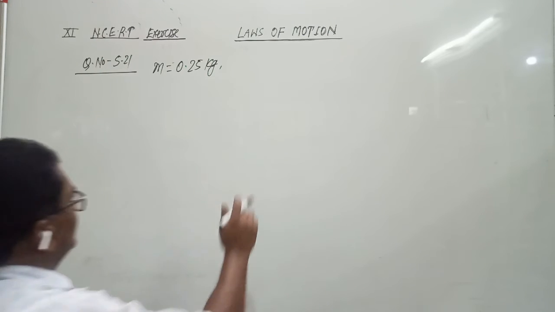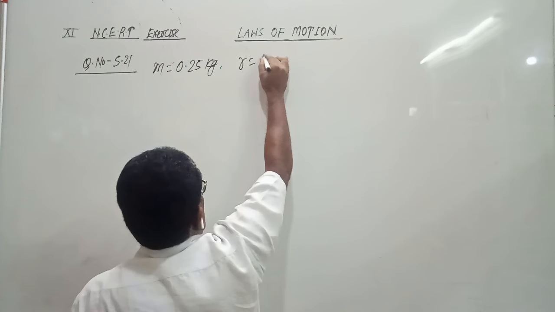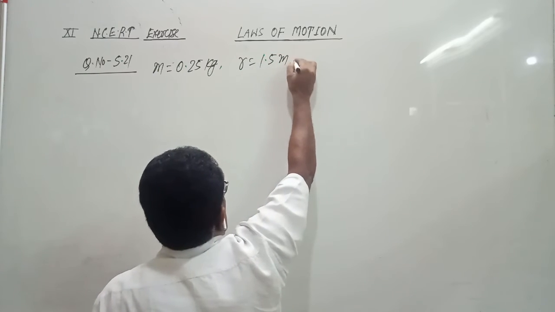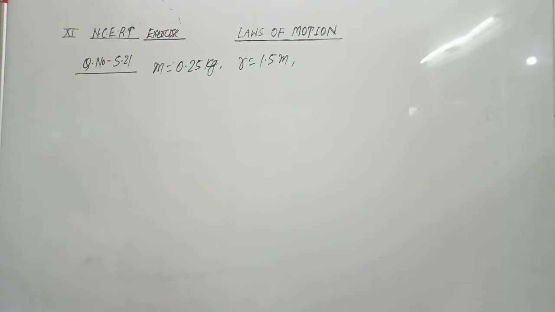The mass of the stone is 0.25 kg, and the radius of the circle is given as 1.5 meter, with a speed of 40 revolutions per minute in a horizontal plane. This means frequency is given.